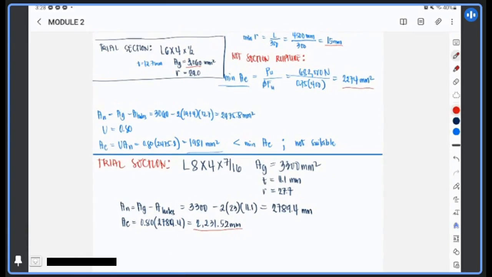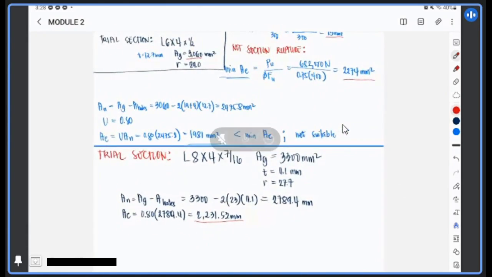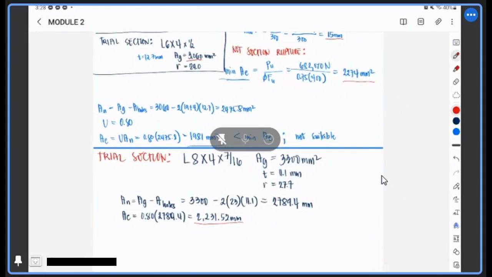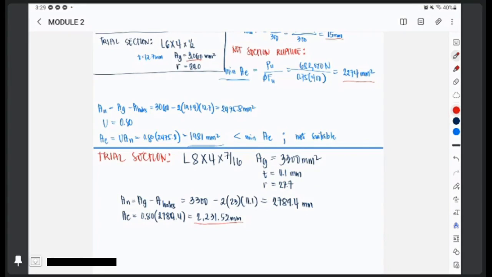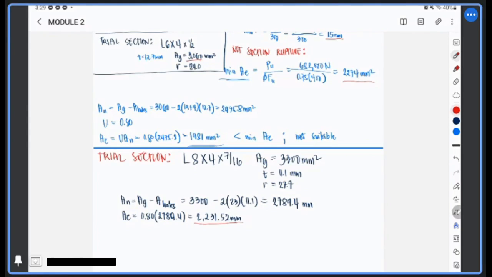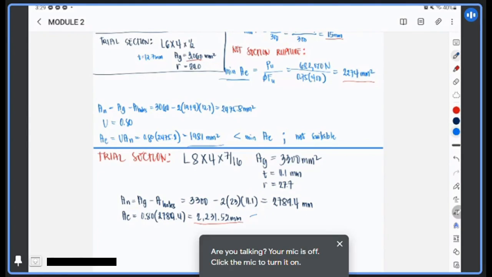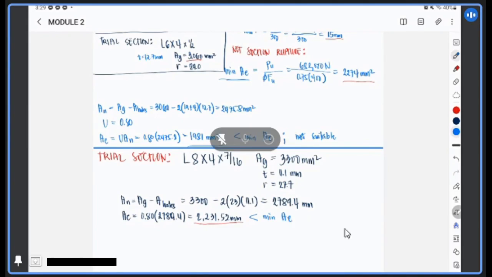If our computed effective net area is 2,231 and the minimum should be 2,274. Guys, please answer me. Hindi pa rin, di ba? Because it is still less than our minimum effective net area. Dapat lampasan niya yung minimum effective net area, class.